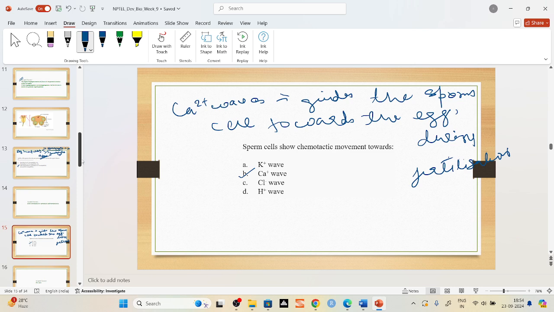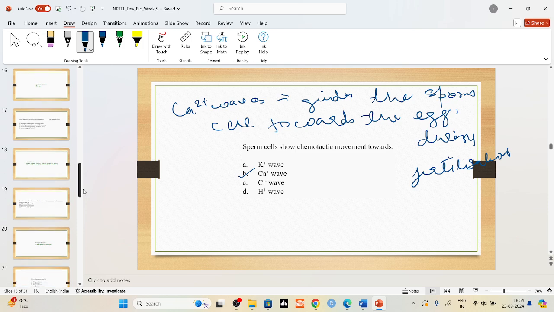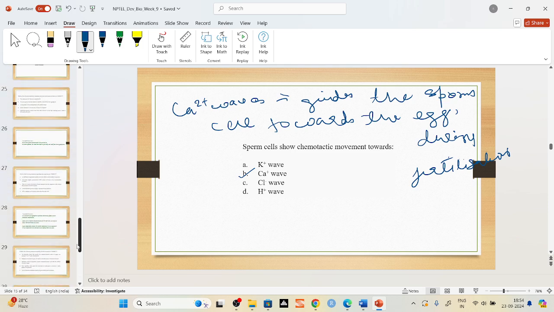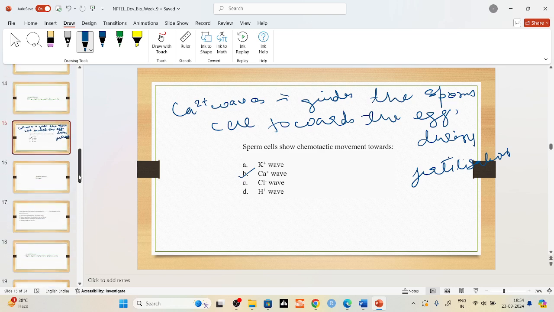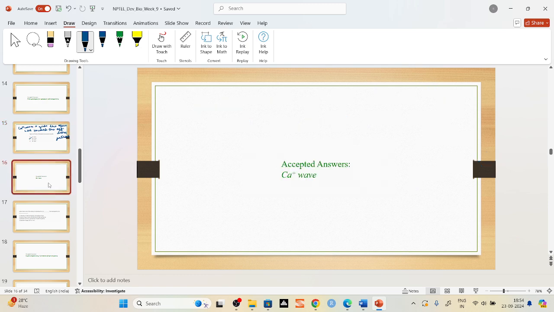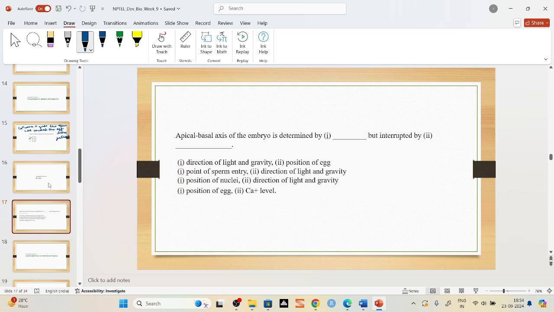In between, we'll also see some of the theory part, because theory is very important when we consider new topics, especially plant developmental biology. So after this question, we'll go through a little bit of theory. The question says: apical basal axis of the embryo is determined by first blank but interrupted by blank.